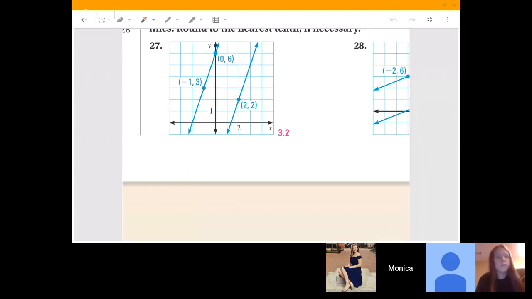we're supposed to look at these two lines that are parallel and find the distance between them, okay? And then round to the nearest tenth. So for this problem, we need to make a line between these two parallel lines that measures how far apart they are.